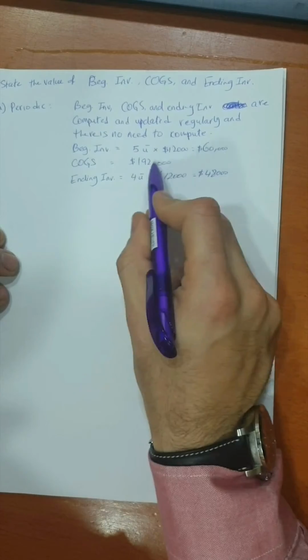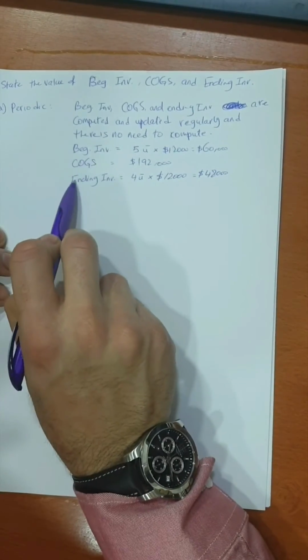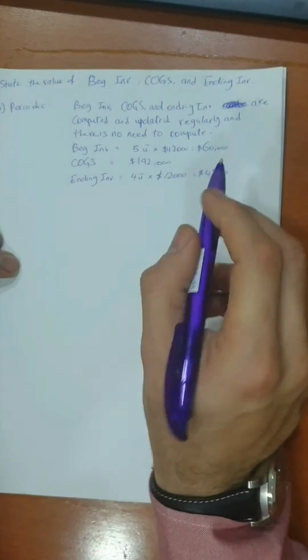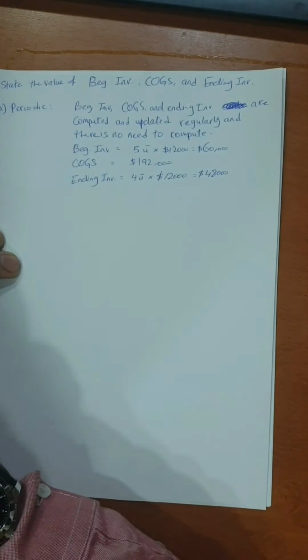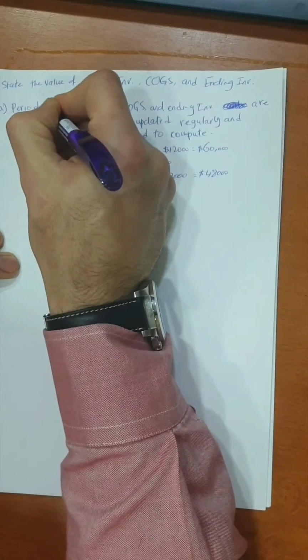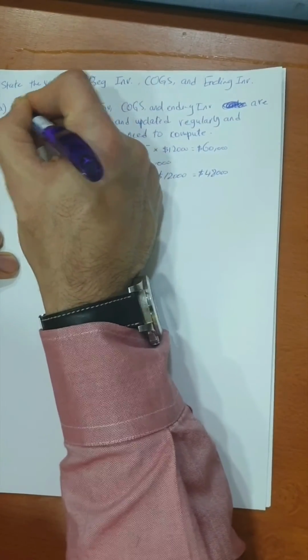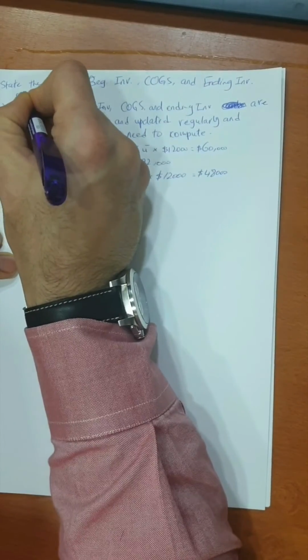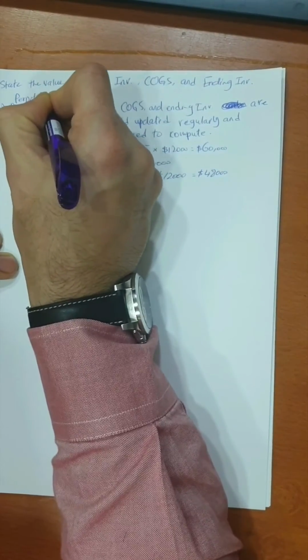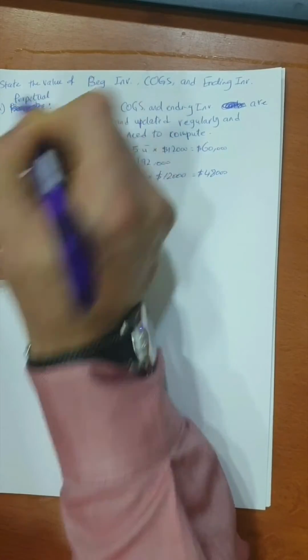Okay, these are the values of the 3 accounts. I made a mistake here, and this is not periodic, this is perpetual. Sorry about that. This is the perpetual system.